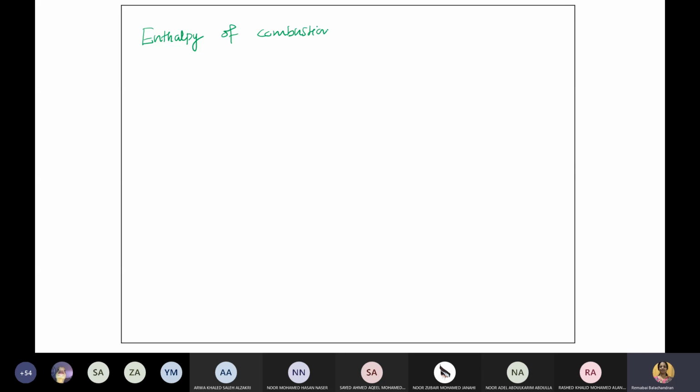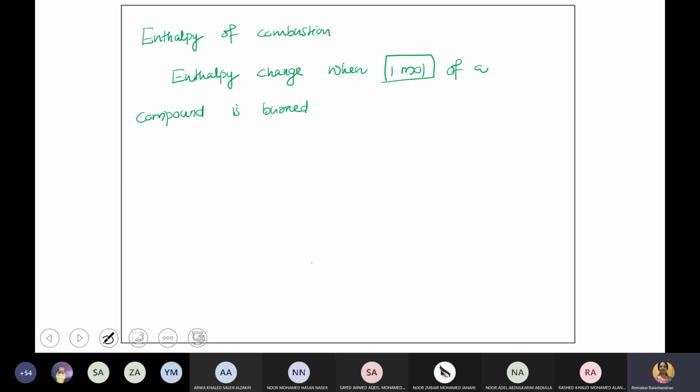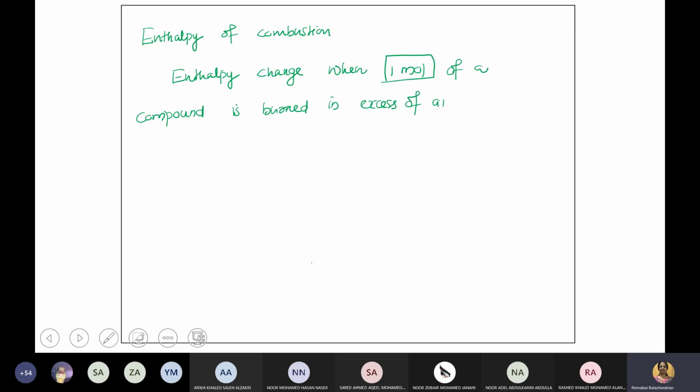Similarly, enthalpy of combustion means it is the enthalpy change when 1 mole of a compound is burned in excess of air or excess of oxygen when the reactants and products are in their standard states. So this is the basic meaning.